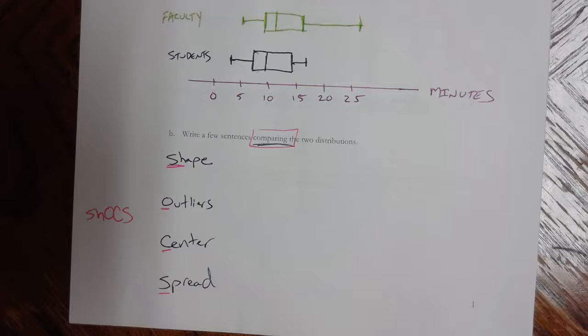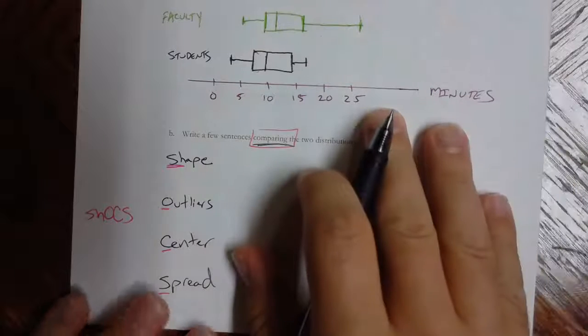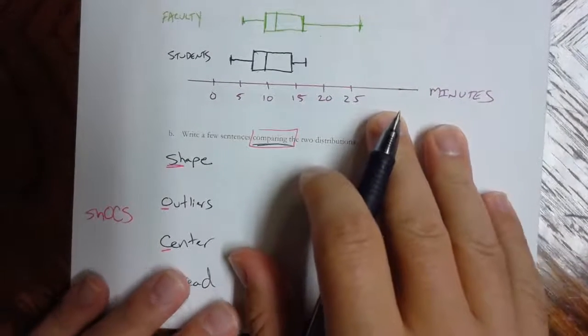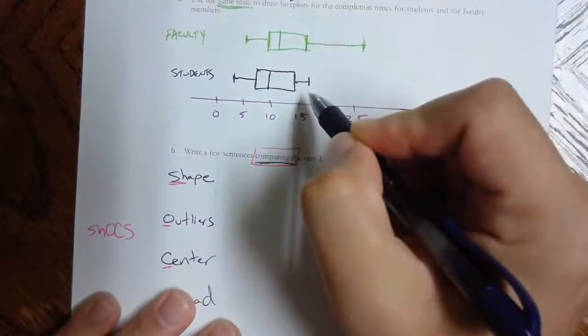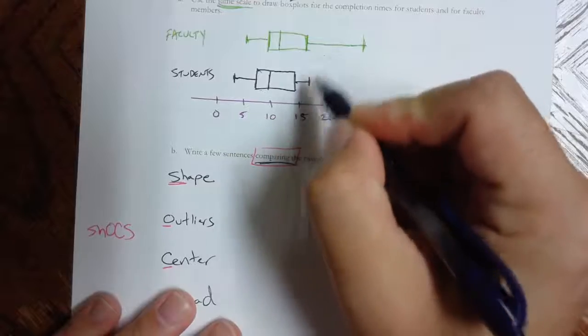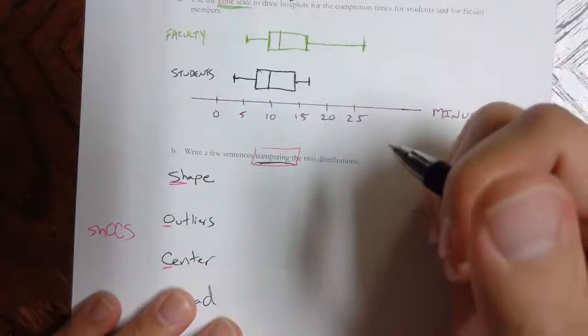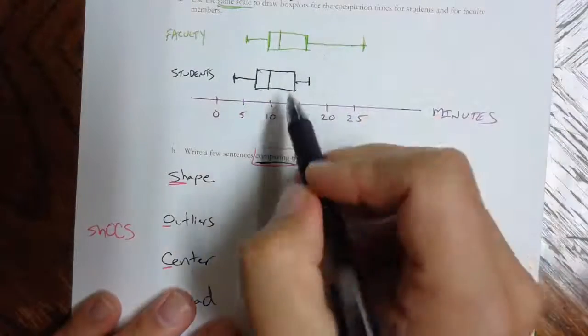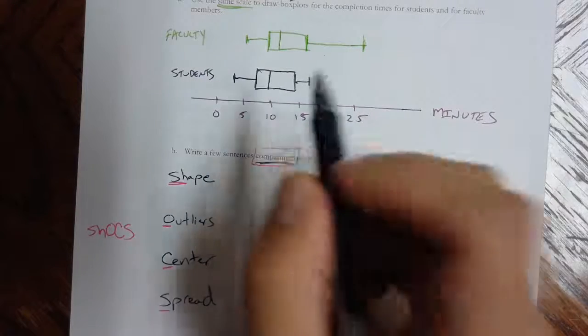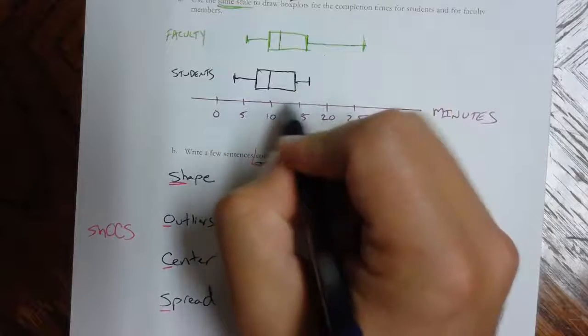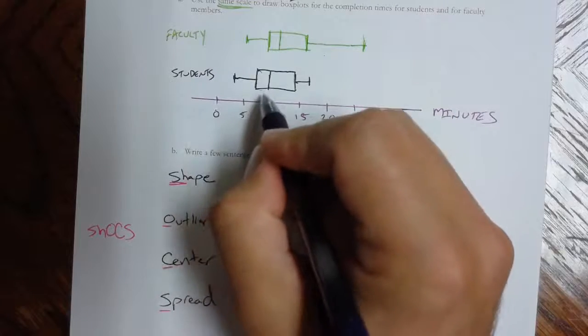So shape, for example, let's do students and faculty. So I will caution, and I've tried to caution before with these, it can be challenging sometimes to do shape from a box plot, but we're just going to make our best estimate at it. So what we can use visually is, where does the median fall in the box, and how far is the median from the maximum, and how far is the median from the minimum.